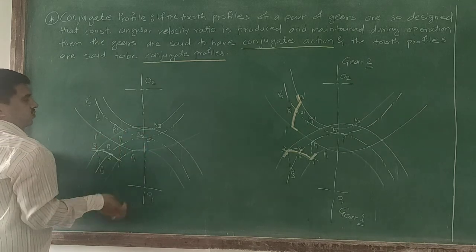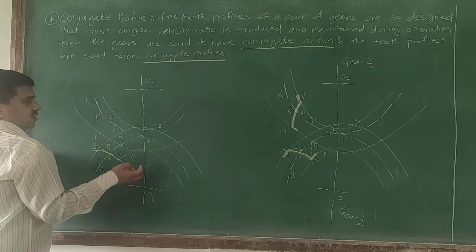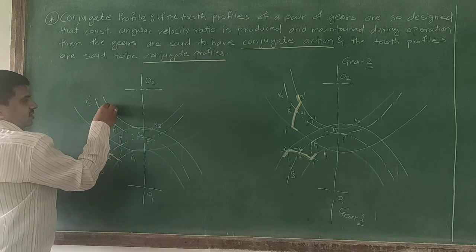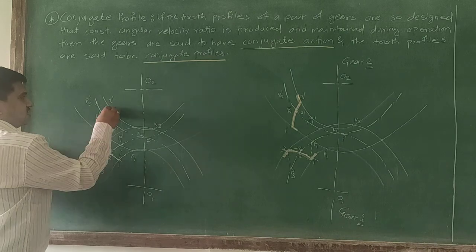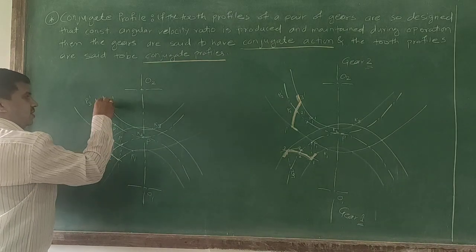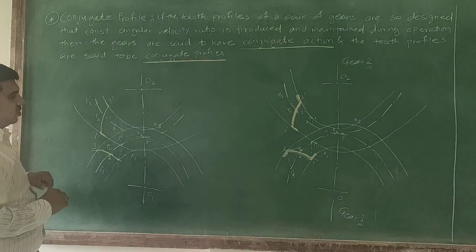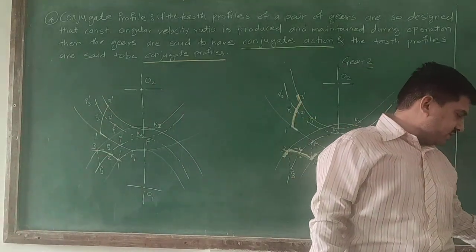Then P2 dash itself will be 2 dash. Then P to K3, P3 dash to K3, so we have got point 3 dash, and this is the conjugate profile we have obtained on the second gear. Are you getting me?